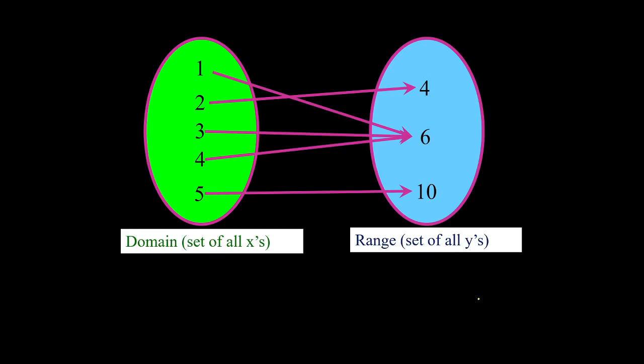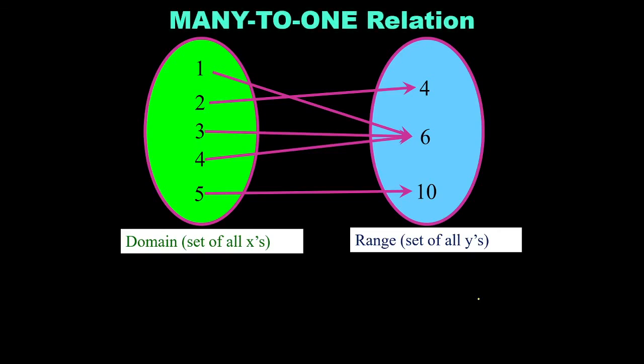Now, how do you call this relation? What do you call it when more than two are assigned to one? This is what you call a many-to-one relation. So take note, our first kind is a one-to-one relation. This one, look at 1, look at 3, and look at 4.